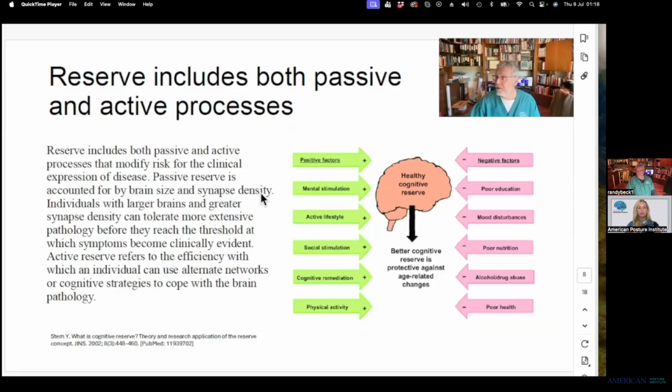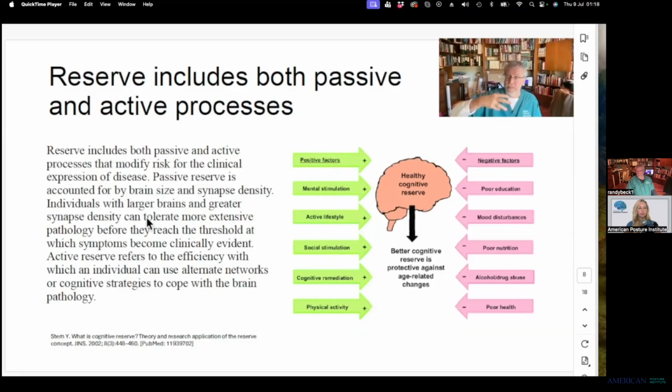So, for instance, whether you've had a lot of mental stimulation, whether you've had an active lifestyle, whether you've had a lot of social stimulation, whether you've had cognitive remediation, and whether you've kept up physical activity throughout your life. Now, individuals with larger brains and greater synaptic density can tolerate more extensive pathology before they reach the threshold, obviously.